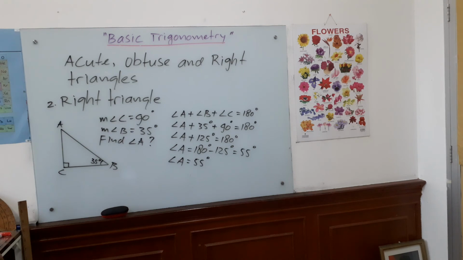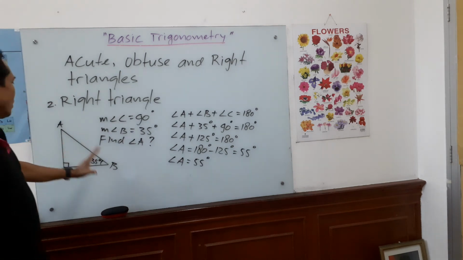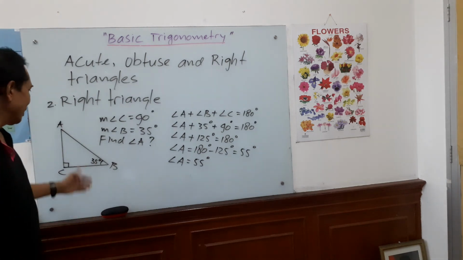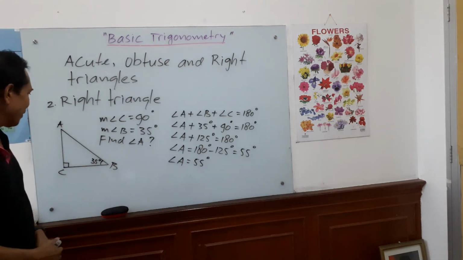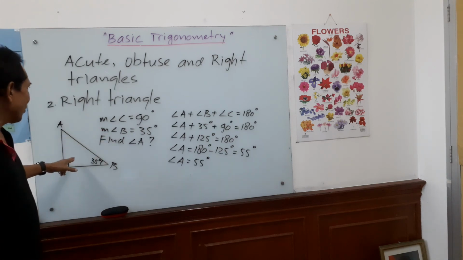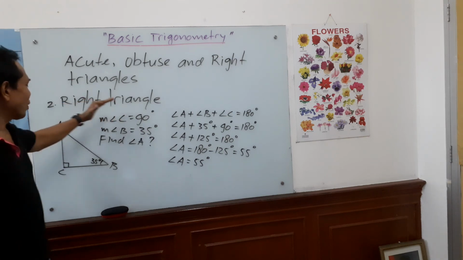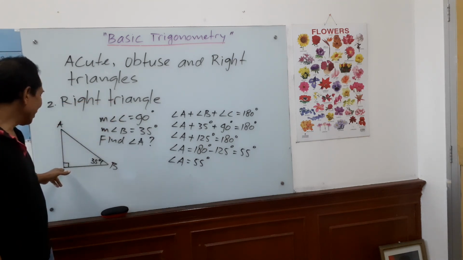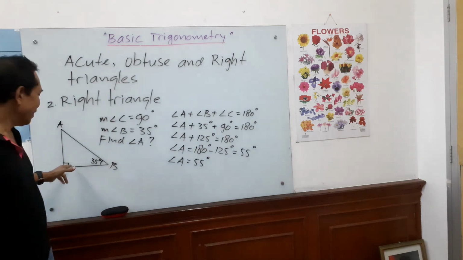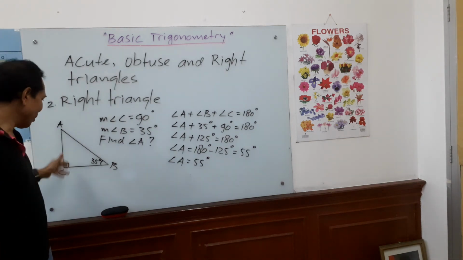You use the same method, okay? Use the same formula. You can work out all the angles inside a triangle. This is what we call a right triangle. Why right triangle? Because this angle here is 90 degrees. The others are not, but this is 90 degrees.